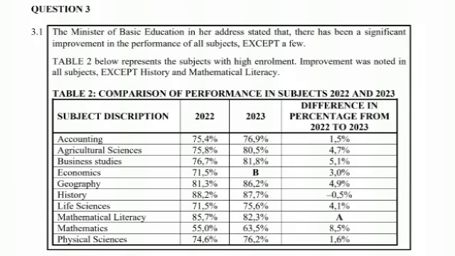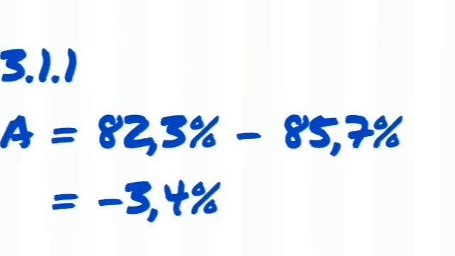So A, you will see it's the difference in the 2022 results for mathematics. In 2022 it was 85.7. In 2023 it's 82.3. So to calculate A, we are going to take the year that comes first, 2022, and minus the year that comes after, 2023, and it gives us a negative 3.4%.